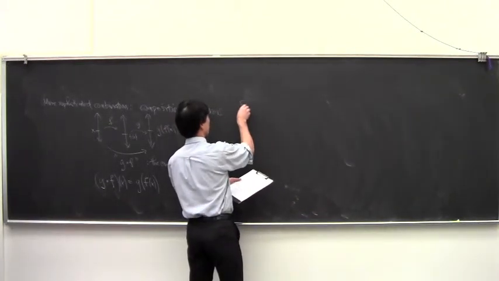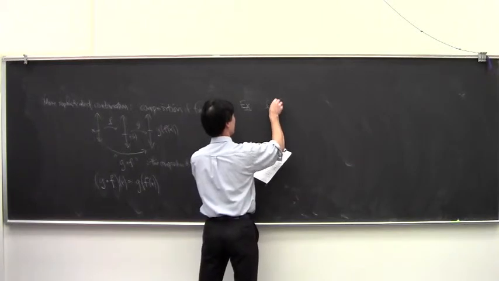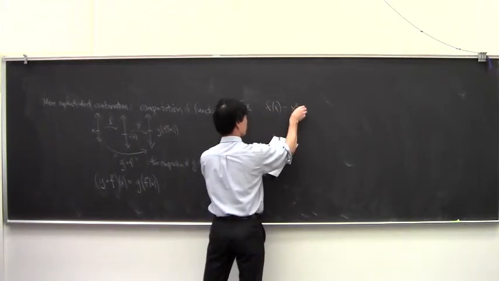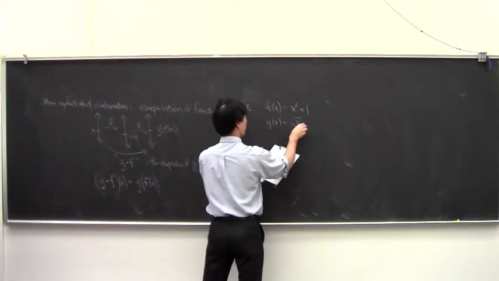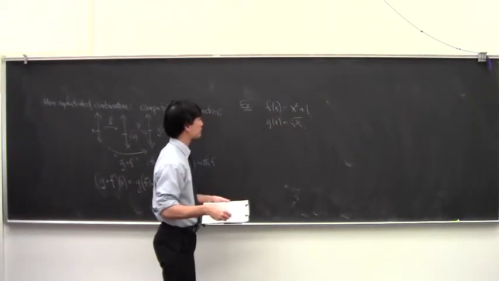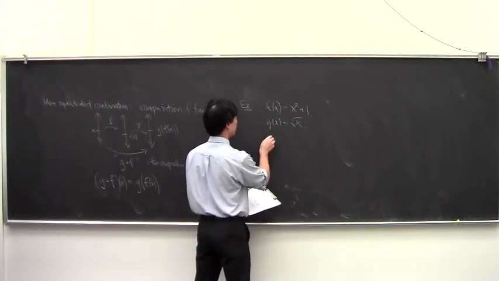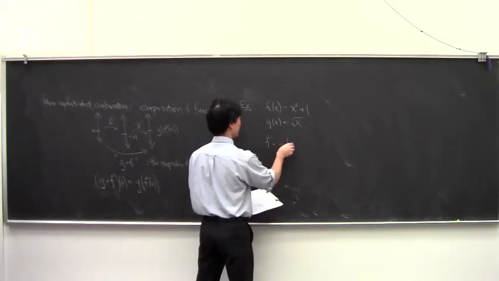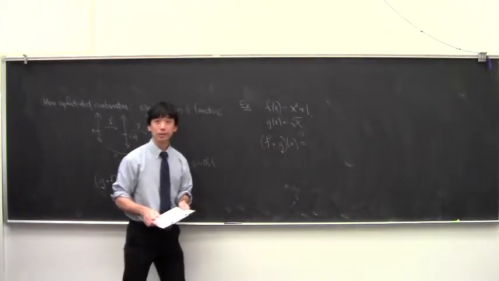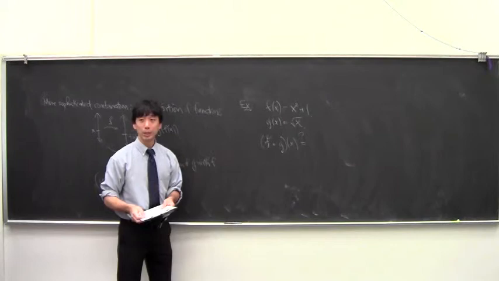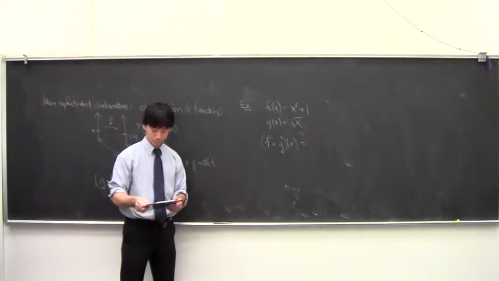Okay. So for example, if f of x is x squared plus 1, and g of x is the square root of x, and I ask, what's f of g of x? Take 10 seconds and write down what that is.